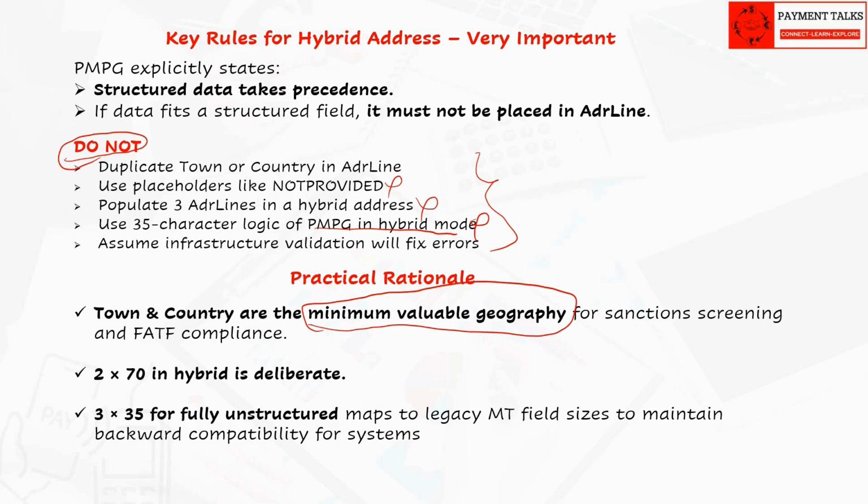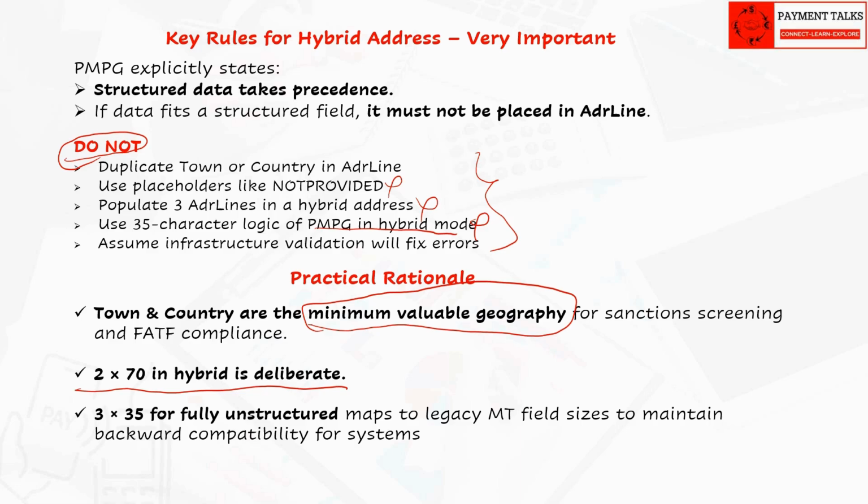Requiring town and country balances privacy concerns and AML screening needs. 2 into 70 in hybrid is deliberate. 70 characters into 2 occurrences gives flexibility for addresses held as single strings in corporate systems, while keeping a limit to reduce truncation risk and mapping complexity. PMPG designed hybrid to be pragmatic for real world data.